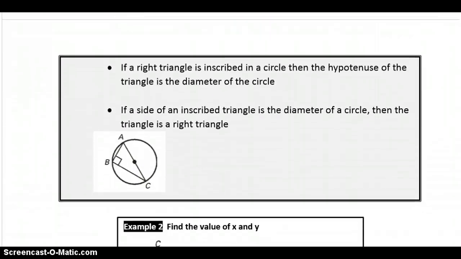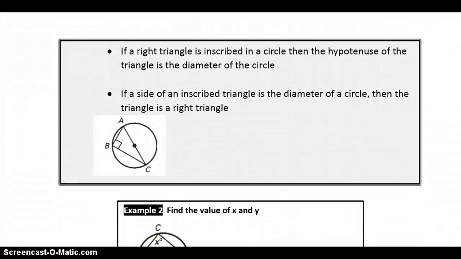Alrighty, next rule. Now we're going to talk about inscribed triangles. So, if we have an inscribed triangle and it is a right triangle, then that tells us that the hypotenuse is the diameter of the circle.